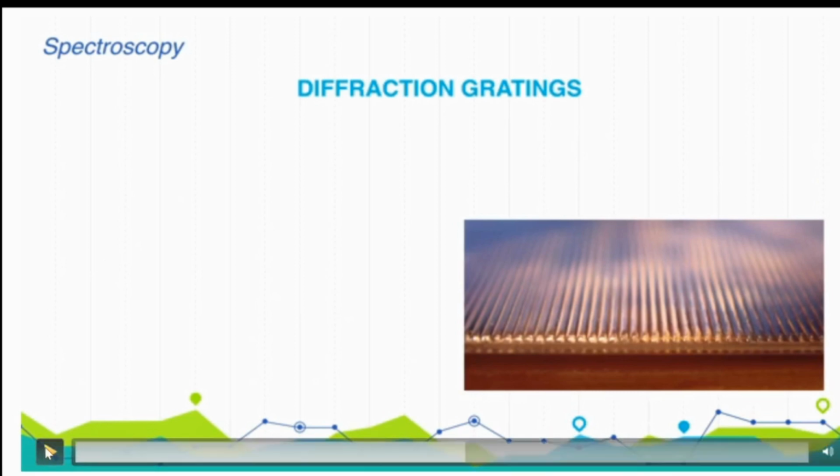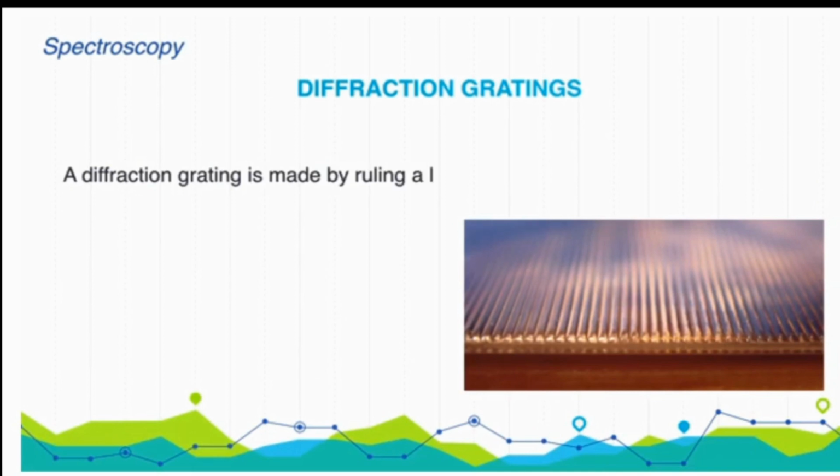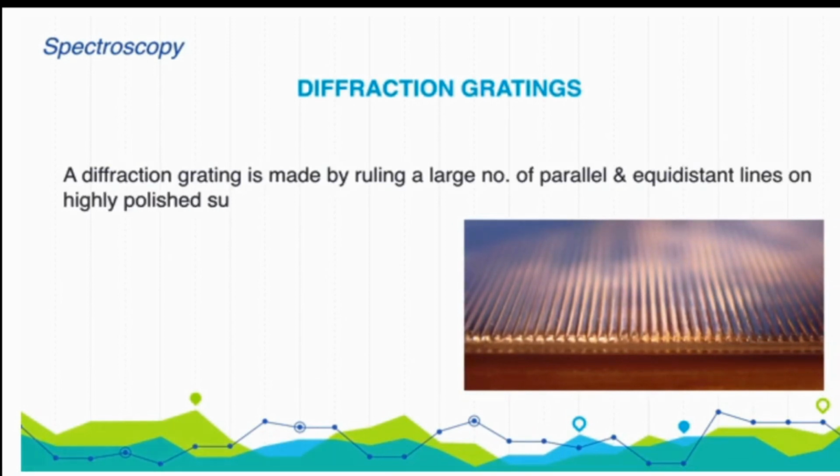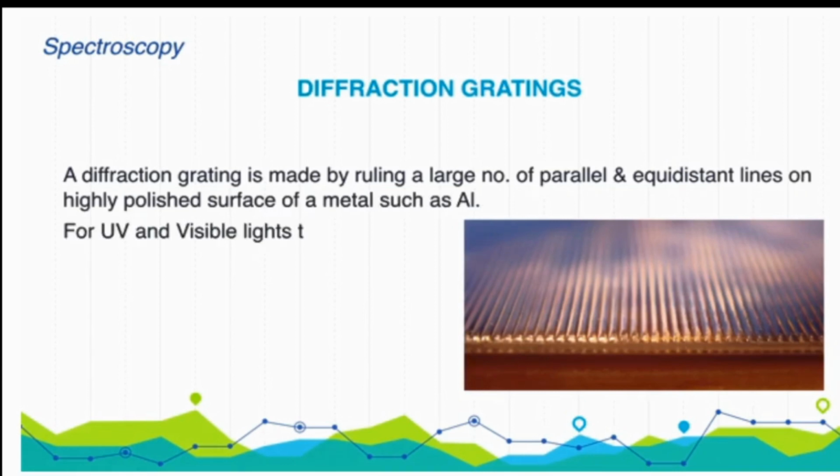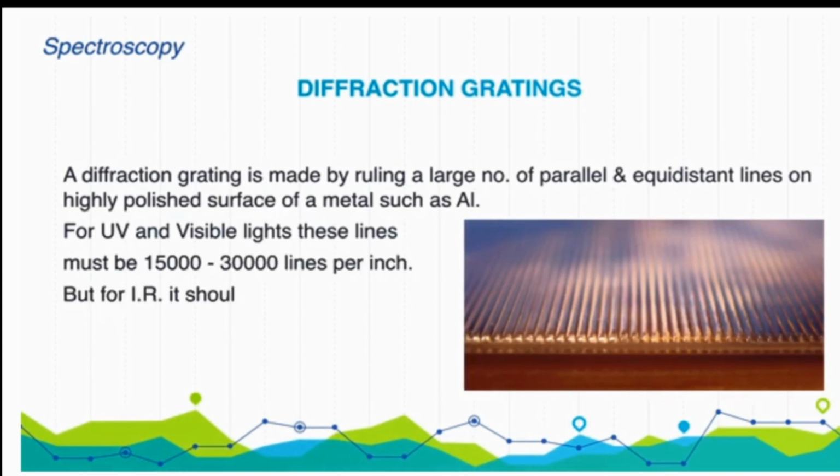Okay, let's see that. is made by ruling a large number of parallel and equidistant lines on a highly polished surface of a metal, such as aluminium. For UV and visible light, these lines must be 15,000 to 30,000 lines per inch, but for IR, it should be 1500 to 2500 per inch.